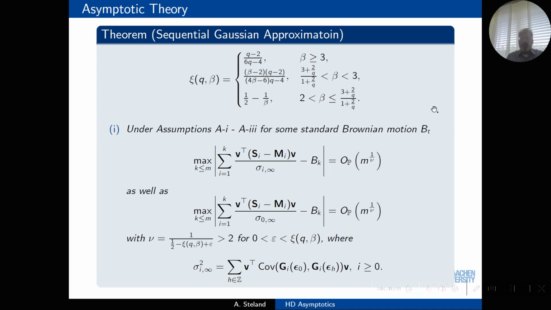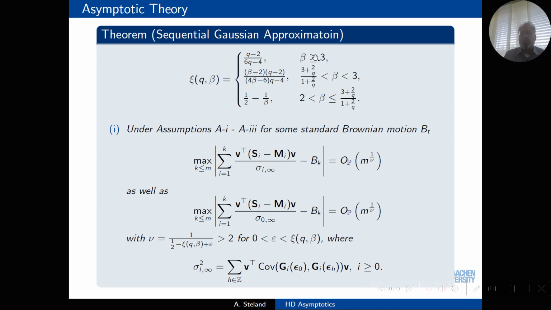So the asymptotic theory relies on these sequential Gaussian approximations. This parameter psi x is more or less the idealized approximation rate we can achieve. If the dependence parameter beta is relatively small, we have this simple expression, and you can almost reach the approximation rate 1 over beta for the standardized procedures.